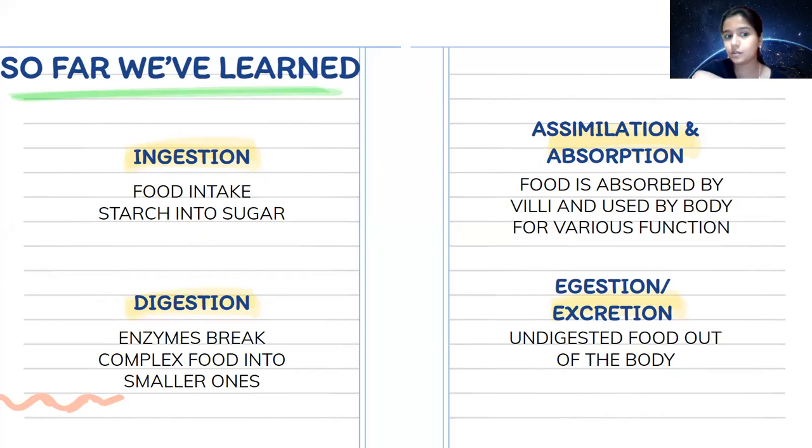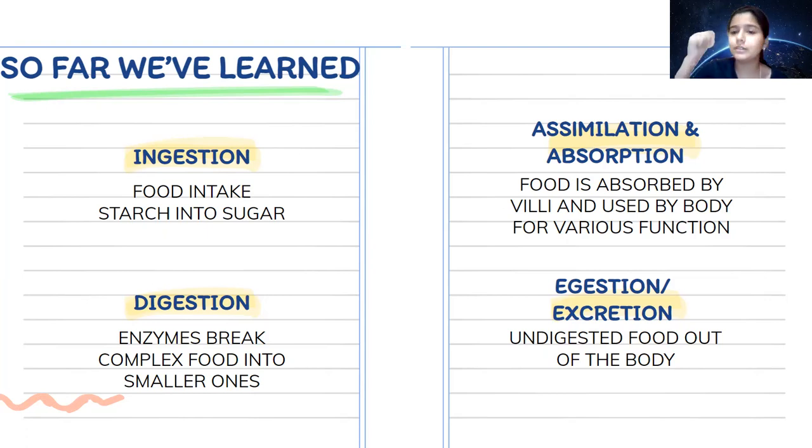Then the process of digestion, which we already studied in the chapter, is basically the complex food material being broken down into smaller ones with the help of enzymes, right? After that, the food is absorbed by our body, basically by villi, which are present in the small intestine.